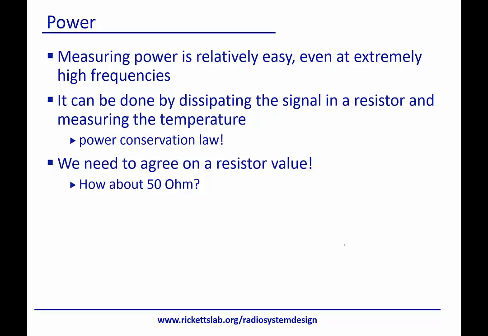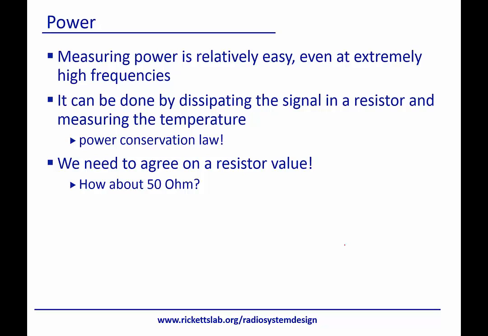And just a few things here. It's easy to measure. The easiest way to measure power is just by putting the signal into a resistor and measuring its temperature. And that's actually how we do it. We have a resistor, we put the signal in and we measure the temperature change, and that tells us how much power was in that signal.